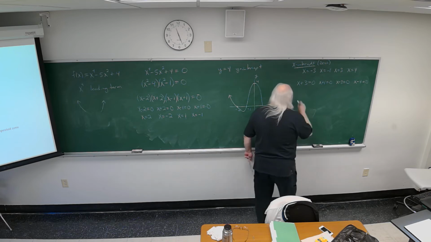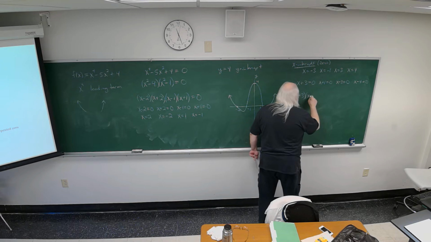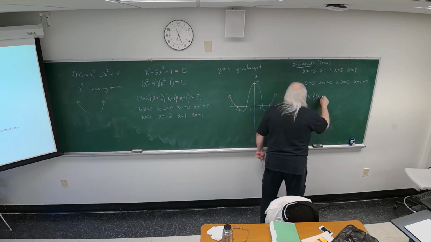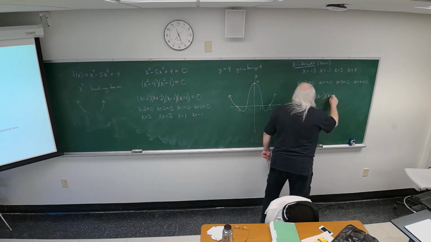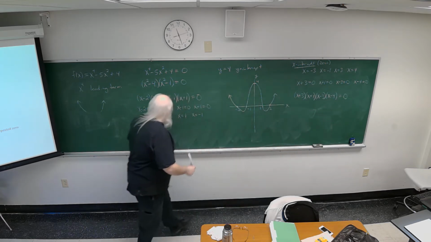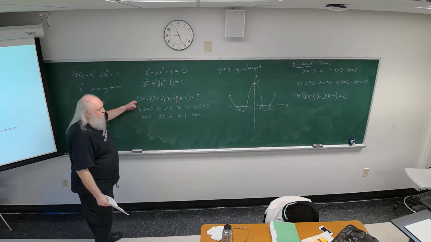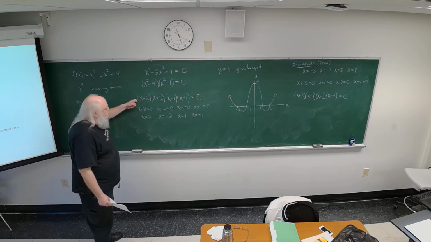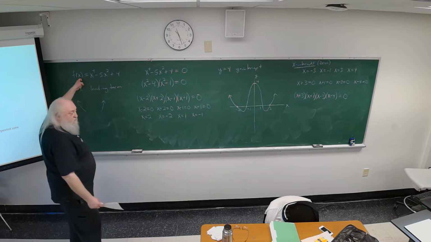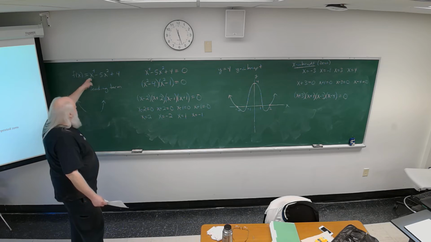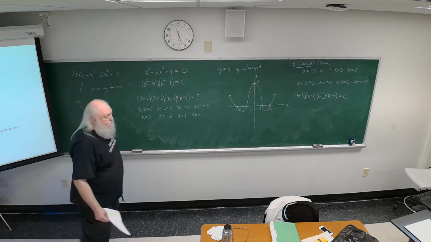So it has to be true that x plus 3 times x plus 1 times x minus 3 times x minus 4 is equal to 0, in finding the zeros of this polynomial function. And this product, this factored polynomial, has to equal f of x, because when we find the zeros of f of x, we set the right-hand side equal to 0.